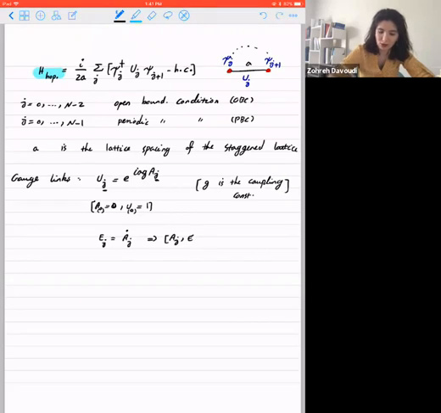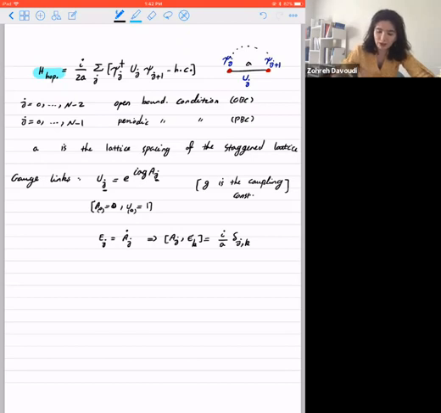If this is at site j and this other guy is at site k, then this turns out to be i over a, delta of j and k. So these conjugate variables commute if they are at different sites, but they do not commute if they're sitting at the same site. The commutation is defined up to this factor a for dimensionality reasons.